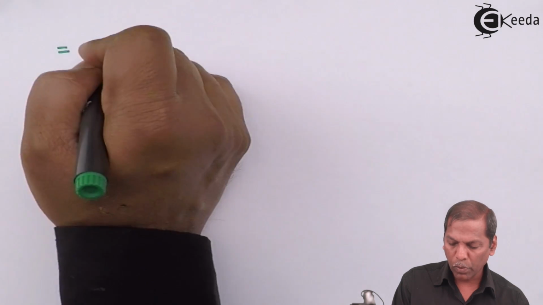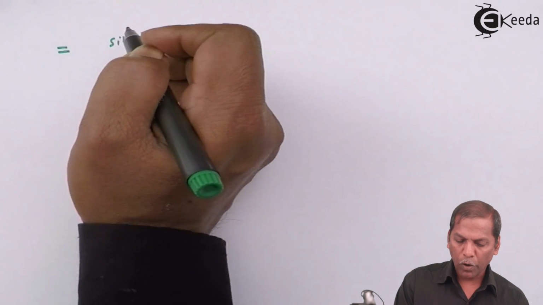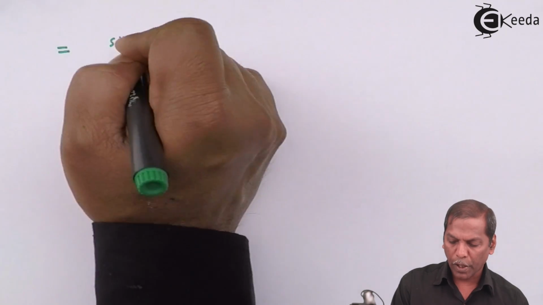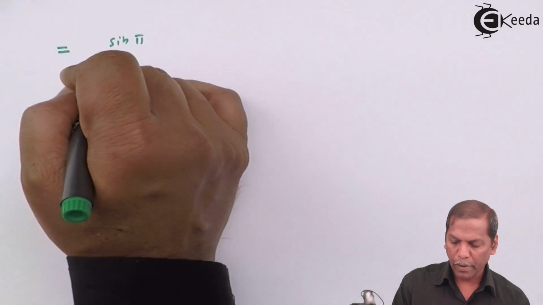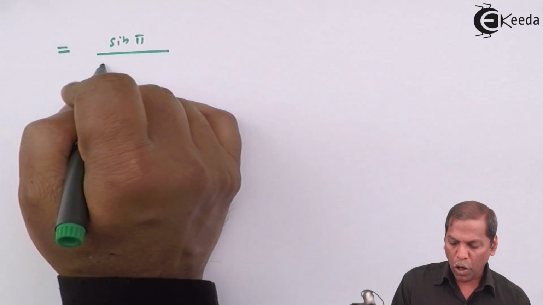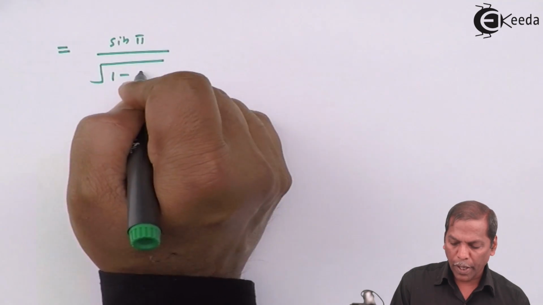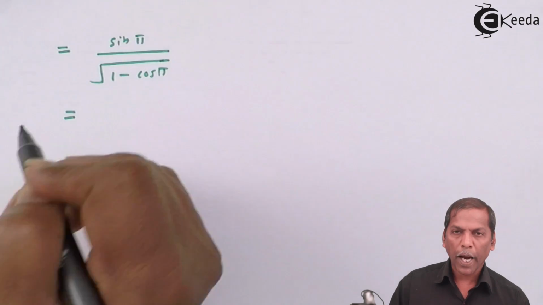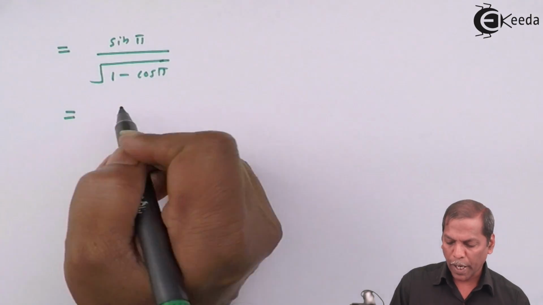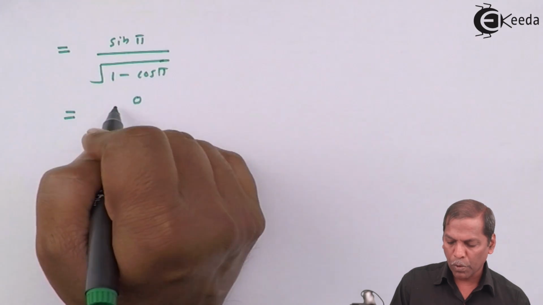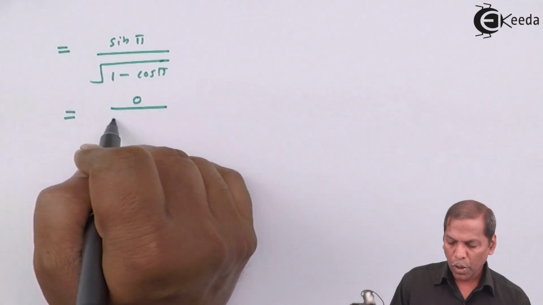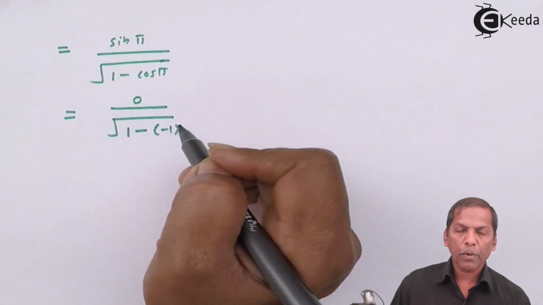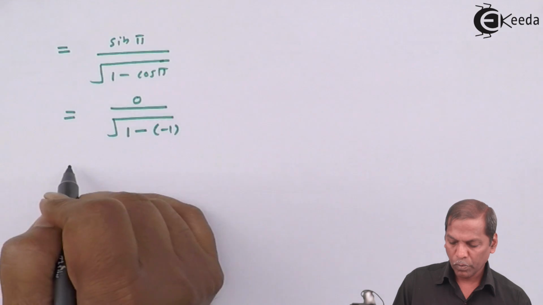So it is equal to, now sine of, here we cancel 2 from numerator and denominator, so we are left with sine pi upon under root 1 minus cos pi. So that equals, now sine pi gives us 0 upon square root of 1 minus cos pi, which gives minus 1.